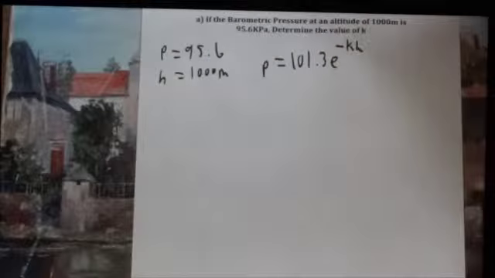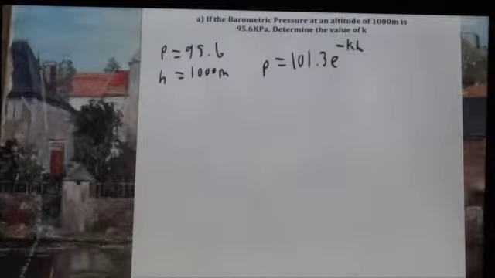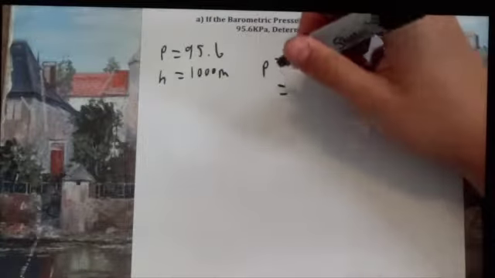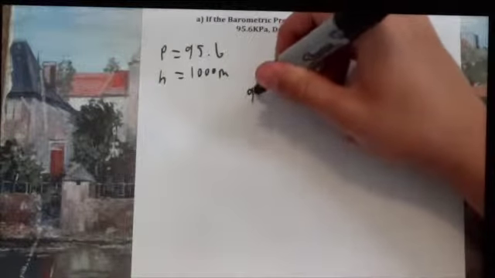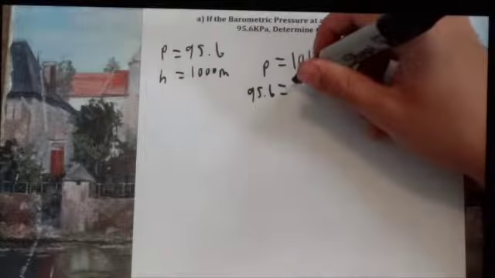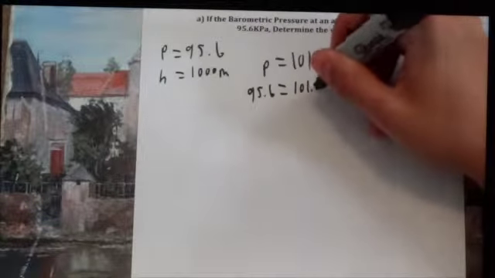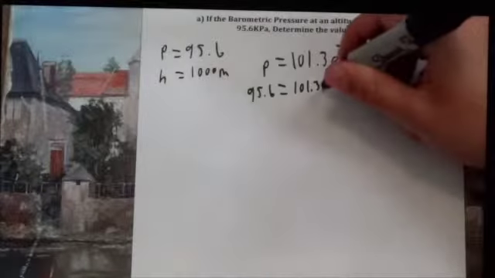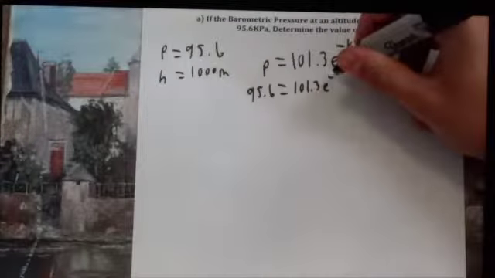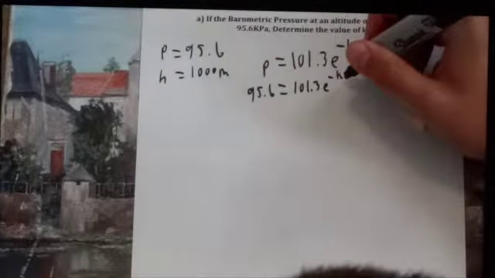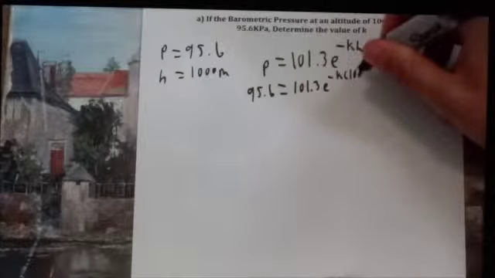So now that we know this, we can determine the value of k, that's the question asked, by just plugging in the values. So 95.6 equals 101.3 e to the exponent of negative k times h, which is 1,000 meters.